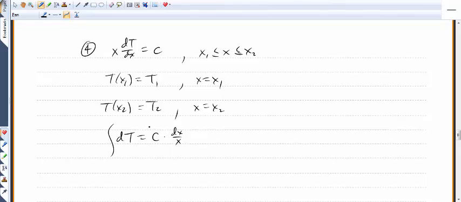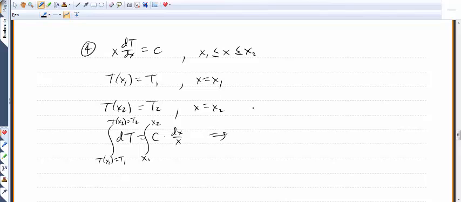So what we'll do is integrate both sides. And notice that you're integrating over different variables on both sides. On the right side, you're going to integrate from x1 to x2, and then you want the corresponding value of T at those two values of x. So T at x1 is equal to T1, and T at x2 is equal to T2.